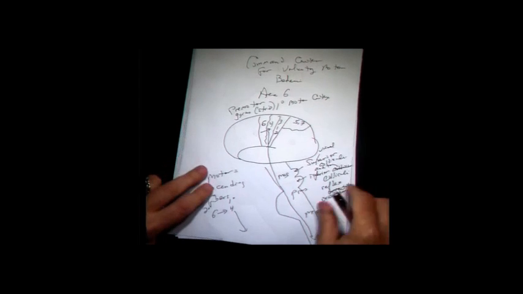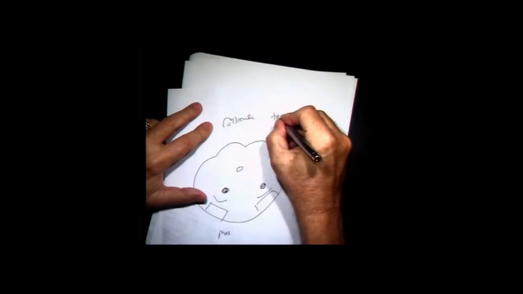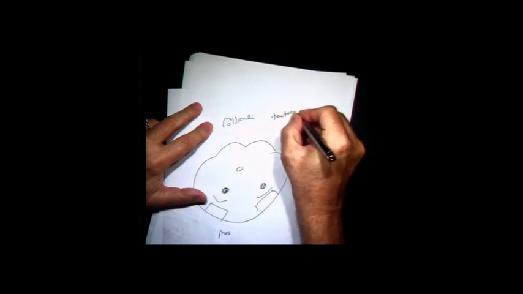The colliculi give rise to two very important tracts. I'll start with tectospinal. When you do central nervous system and we talk about tracts, most of them are named by where they come from and where they go to.